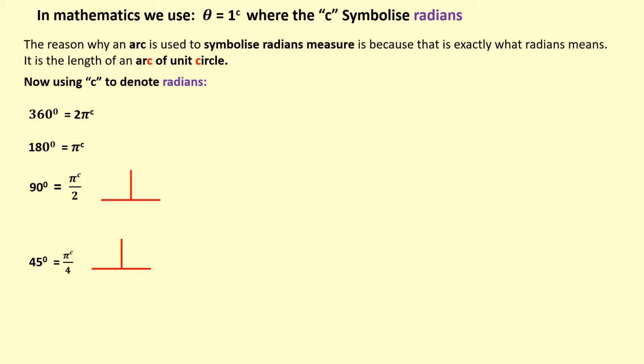To visualize that, I look at my 180 degrees, splitting that by 45 degrees to give me 90 degrees, then 135 degrees, then finishing off at 180. 180 divided by 4 gives me 4 equal angles, which is 45 degrees. Hence giving us pi radians over 4.